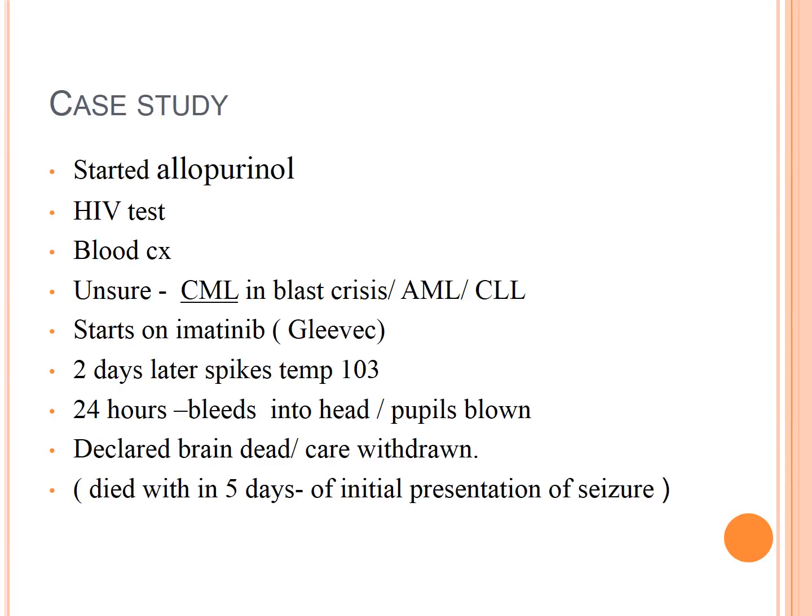He ended up spiking a temp of 103 two days later, and in 24 hours, he ended up having a head bleed and was declared brain dead and care was withdrawn. So the head bleed was most likely related to abnormal platelets.